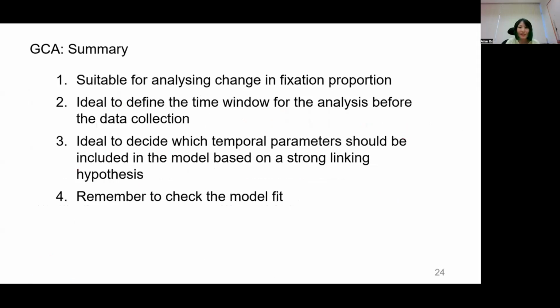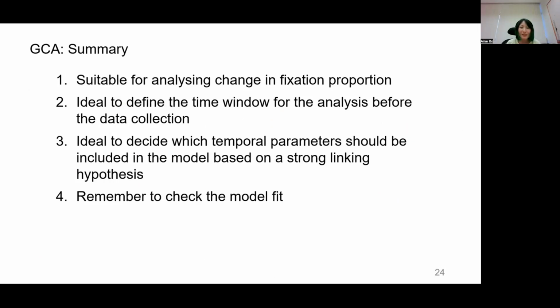Okay, let's summarize the growth curve analysis. Growth curve analysis is suitable for analyzing a change in fixation proportion, and it's ideal to define the time window for the analysis before the data collection. The second point is really true for any kind of analysis, but it's especially so for growth curve analysis because it affects the results significantly. It's also ideal to decide which temporal parameters should be included in the model based on a strong linking hypothesis.